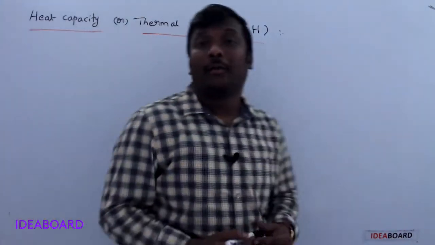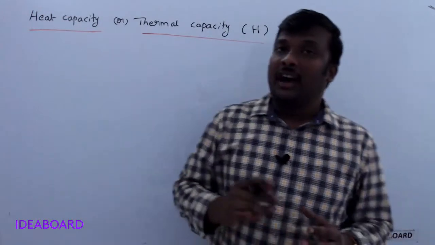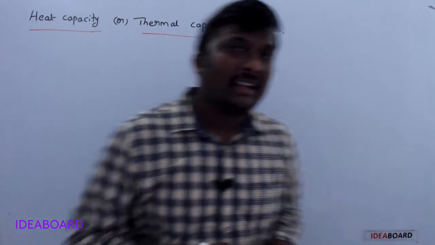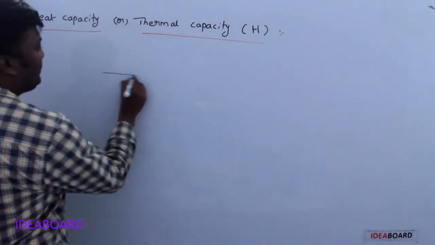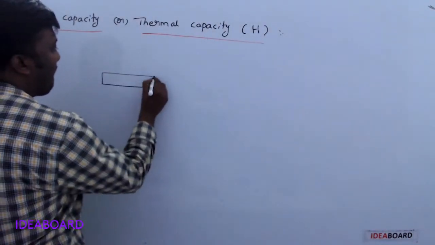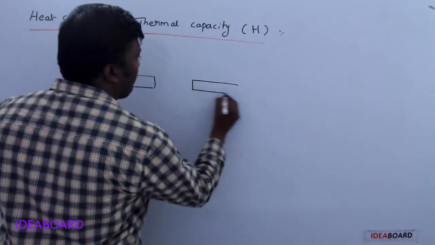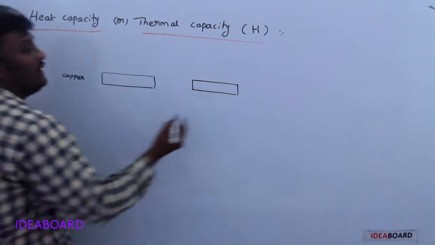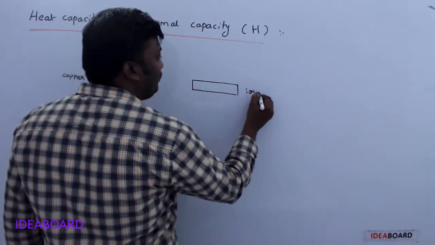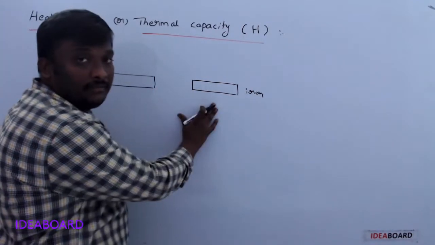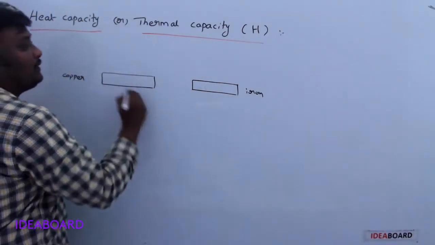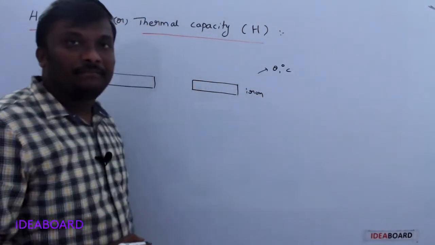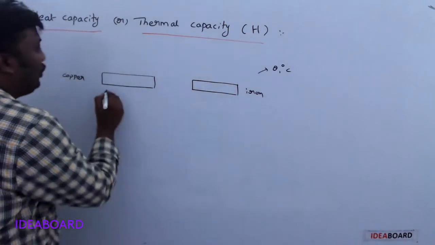Now we are discussing the heat capacity or thermal capacity. So what is heat capacity? To understand this, take two substances. Okay, one is made with copper, for suppose, another one is made with iron. Two different materials. Now both are maintained at the same initial temperature theta 1 degree Celsius. Now you supply heat.